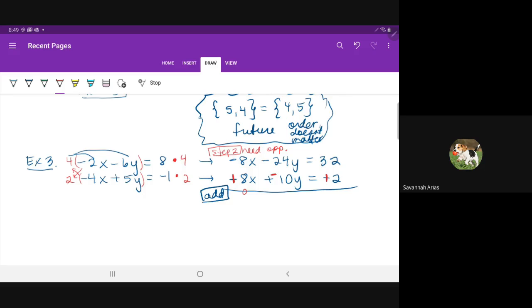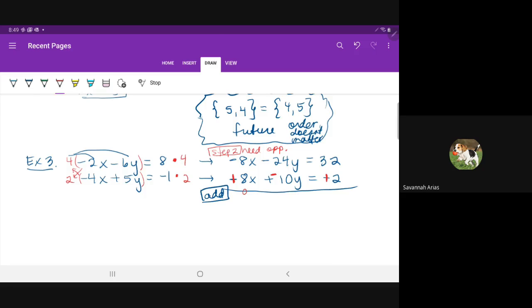Now does adding give me 0? Right? Now adding would give me 0. So I need them to be opposite to make it be 0. So I need the front numbers to be the same number, but opposite.